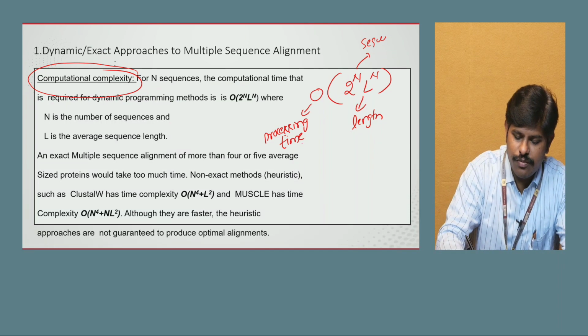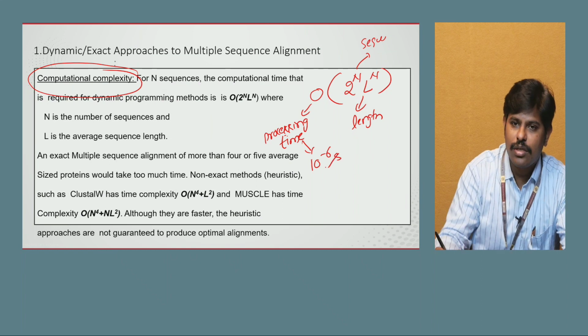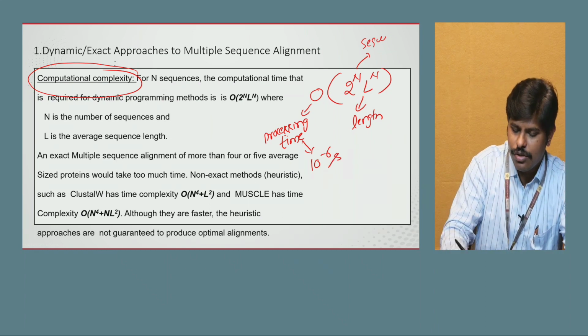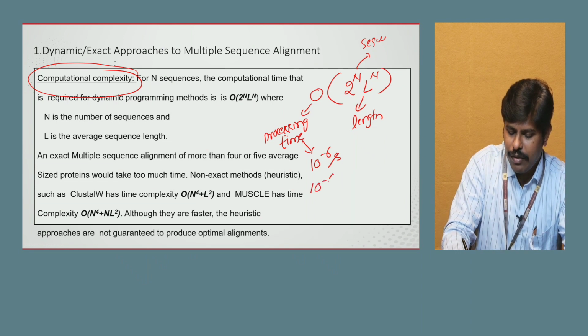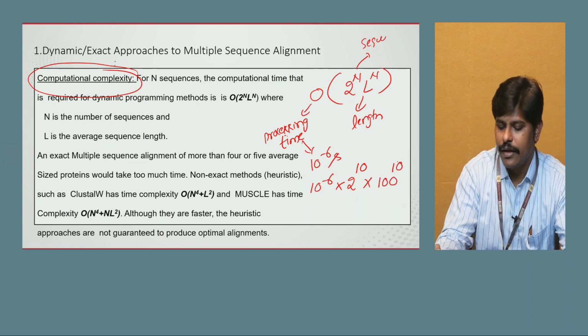Assume its microprocessing time is in microseconds, 10 power minus 6 seconds. So for 10 sequences each of 100 length, it will be 10 power minus 6 into 2 power 10 into 100 power 10.